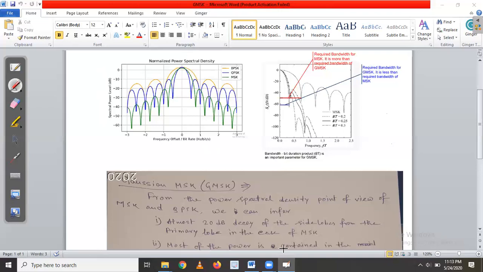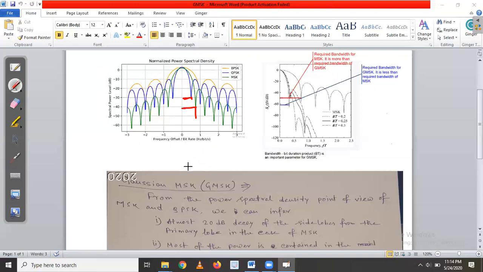Why? Because the MSK green line extends up to here, and this is the bandwidth of MSK. Now see the QPSK blue line, and this is its required bandwidth. Definitely the required bandwidth for QPSK is less. We calculate the bandwidth from 0 to the first null, along the y-axis.